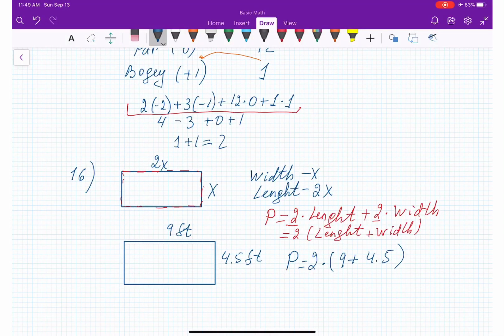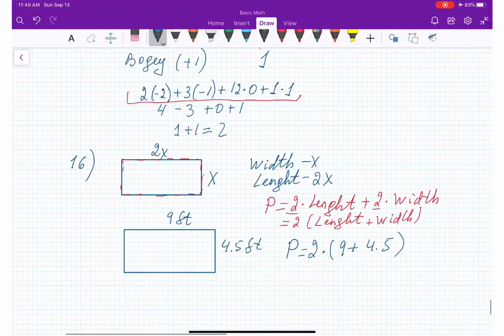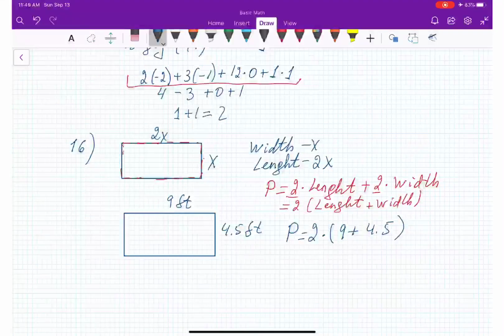So from here, 9 plus 4.5. I write it this way because the decimal goes this way. It's 5. 9 plus 4 is 13. I'm already multiplying in my mind, multiplying by 2.